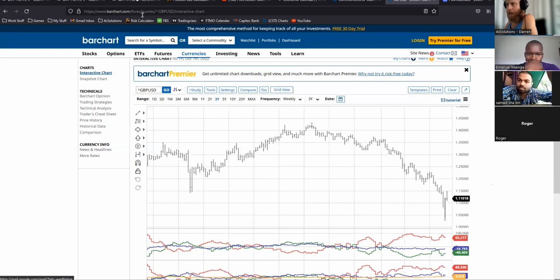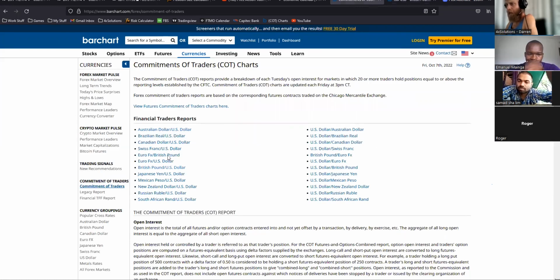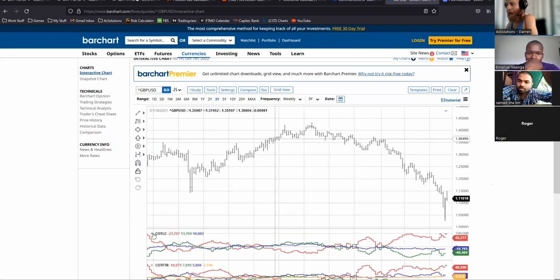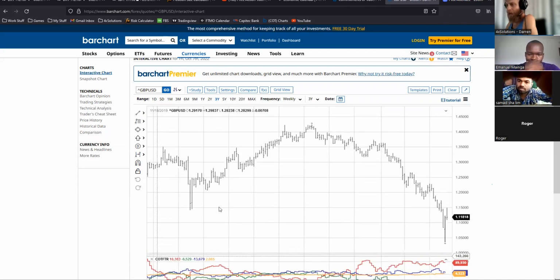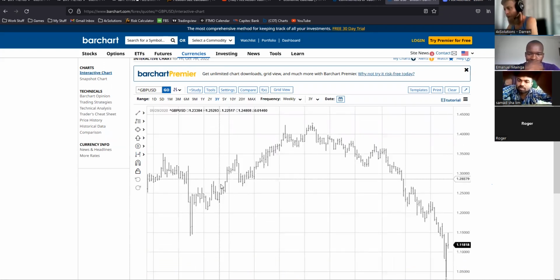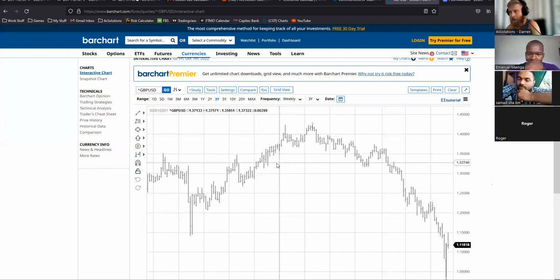I did send a link, so you can come and visit this link. It'll take you to this page, and then you just choose whatever you want to look at the COT data. But again, this is very higher time frame, so it's not going to really affect what's going to happen to price right this second, or this London session, for example.